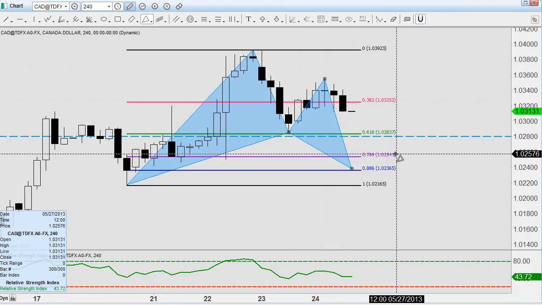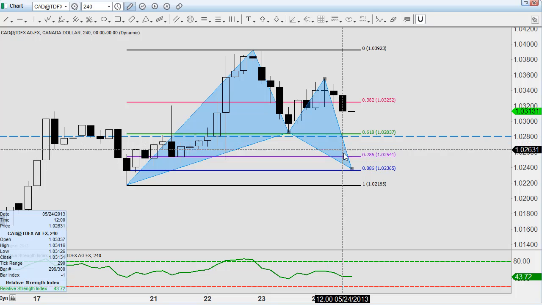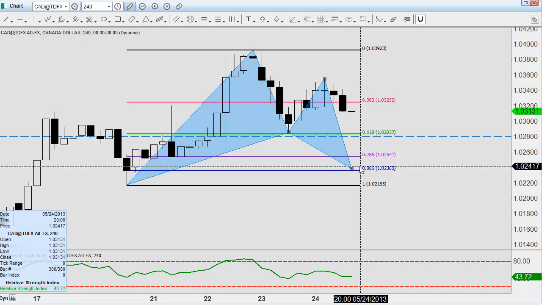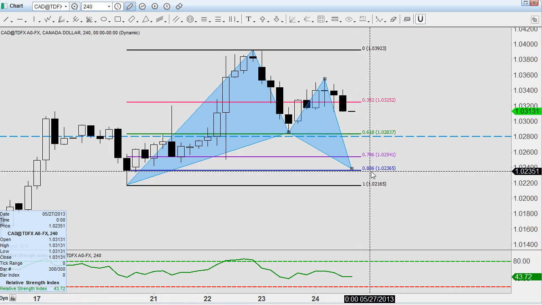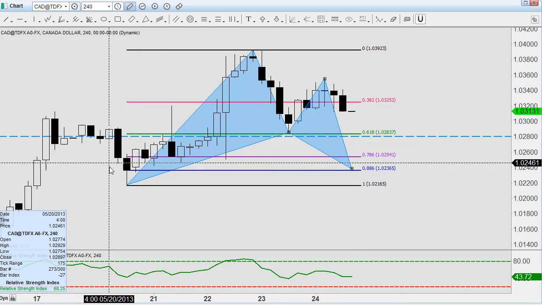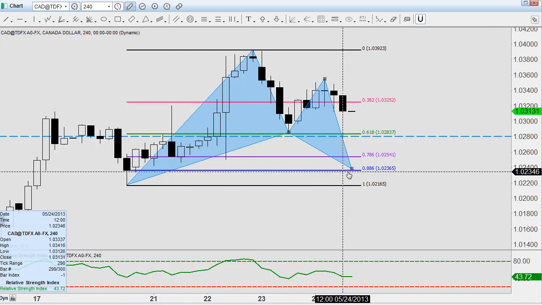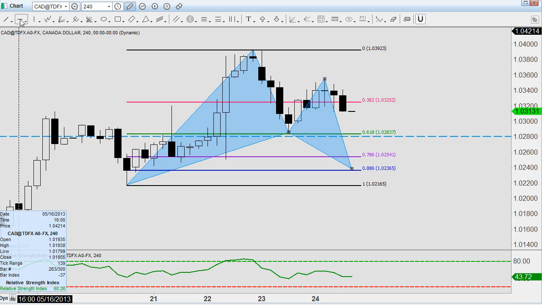We're looking for this market to continue lower down into 102.36s. If we get down into 102.36s, that is the 886 retracement of this leg of the move right here. So it's the 886 retracement down there.